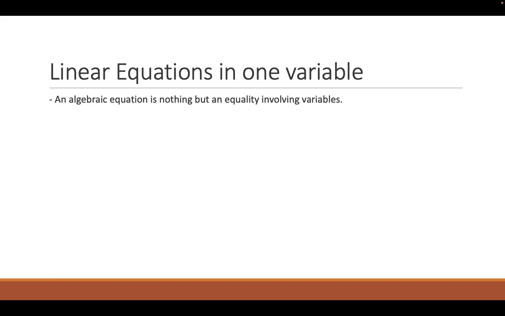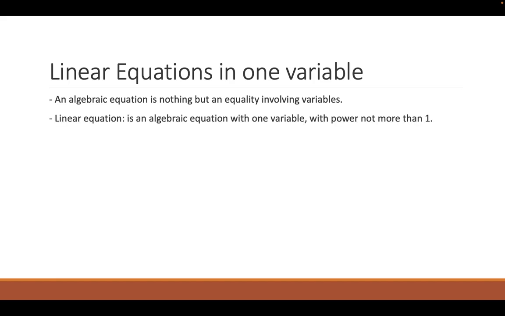So equation means it's always an equality of expressions in left hand side, right hand side. There could be variables, there could be constants in either side, and that's how an equation is.